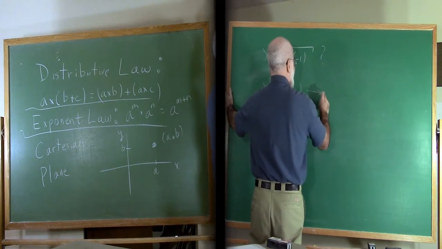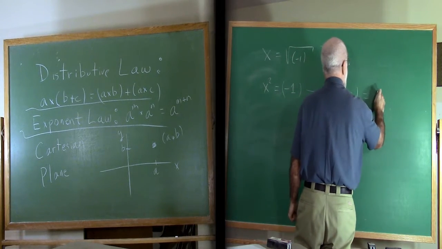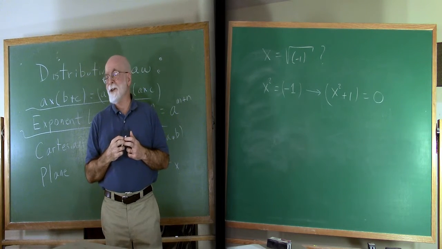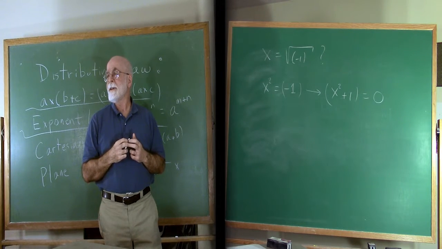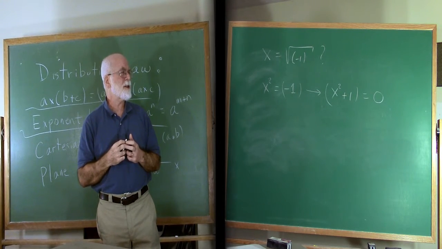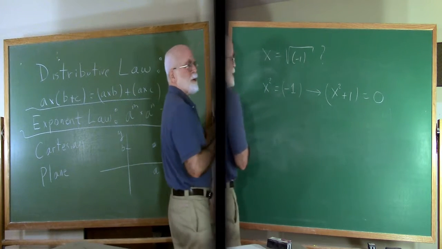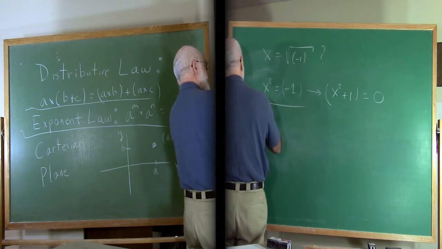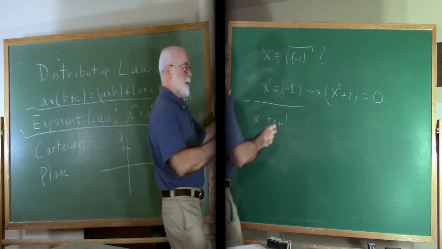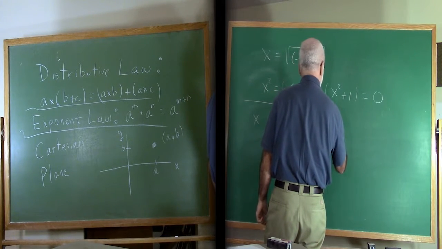Let's add 1 to both sides. I claim there's no real solution, no real number x that satisfies that equation. The problem is that when you square a real number, let's say we imagine x is real, you're going to get something non-negative.